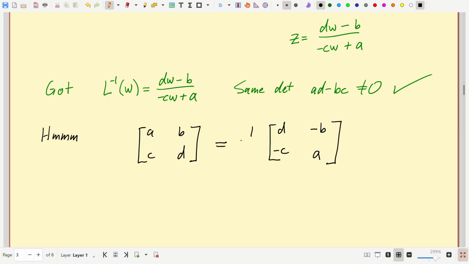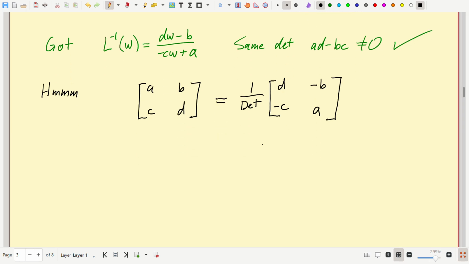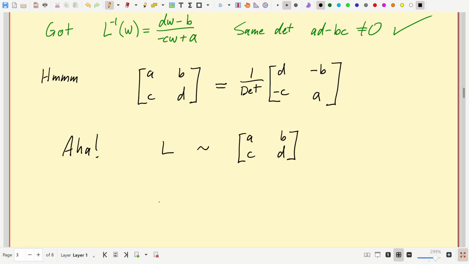And then you divide the whole thing by the determinant. That's exactly what we're doing when we get the inverse. So the aha moment is, if we think of L as corresponding to a matrix A, B, C, D, then the inverse of L corresponds to the inverse of that matrix.